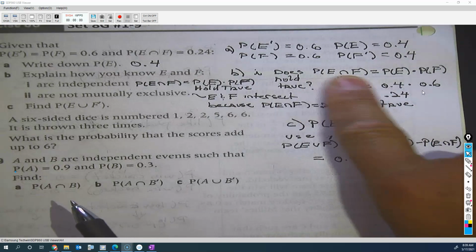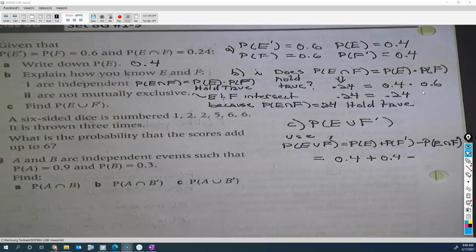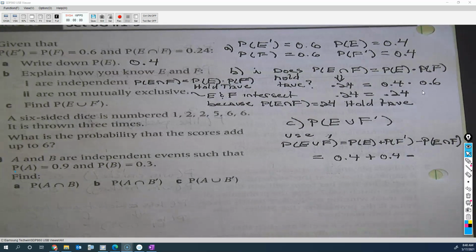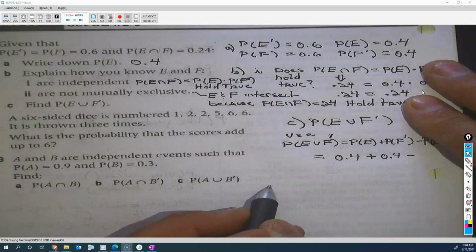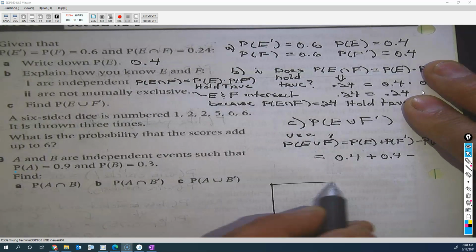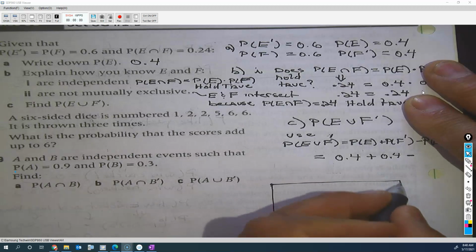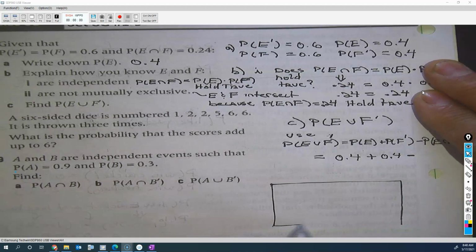And that's E intersection F, and we want E intersection not F. How do we find it?